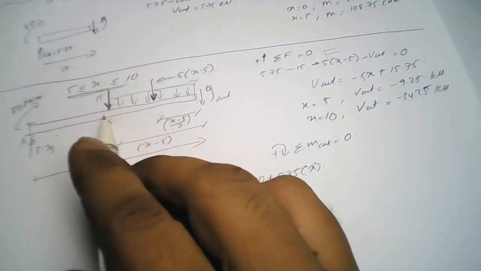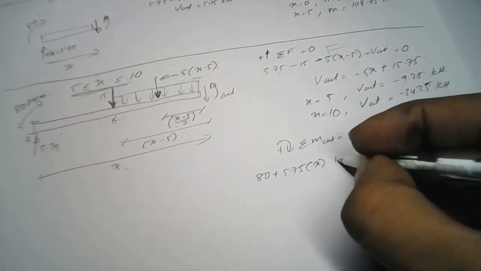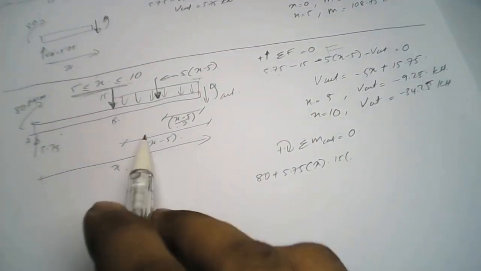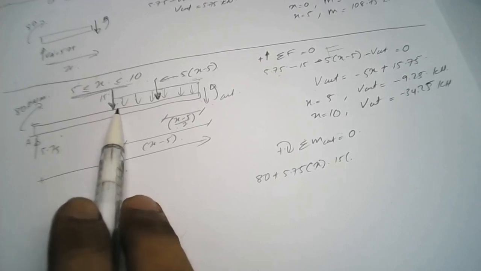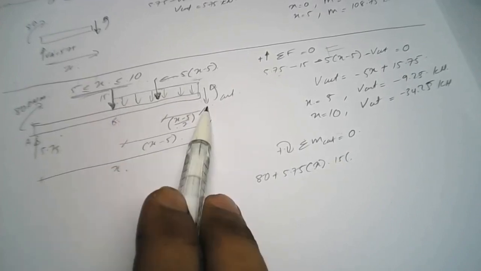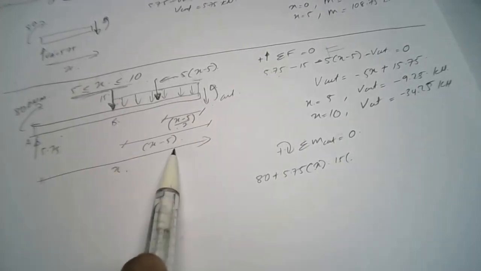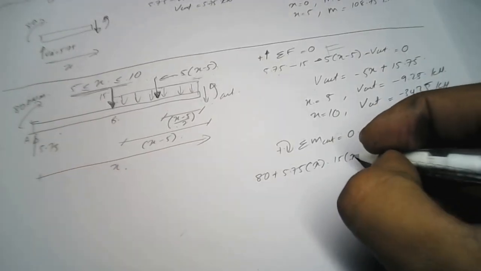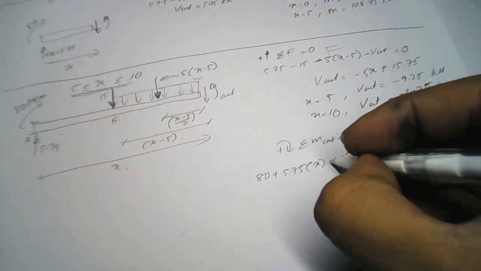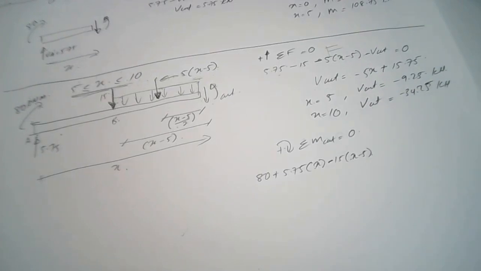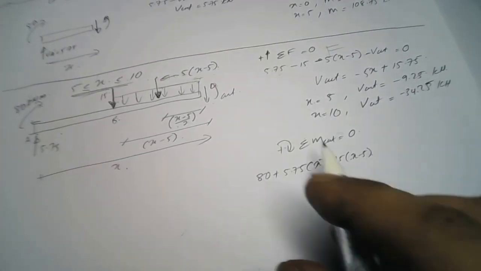Then we have a force 15 multiplied by our distance from point B to the cut point, which is x minus 5. This one is negative.